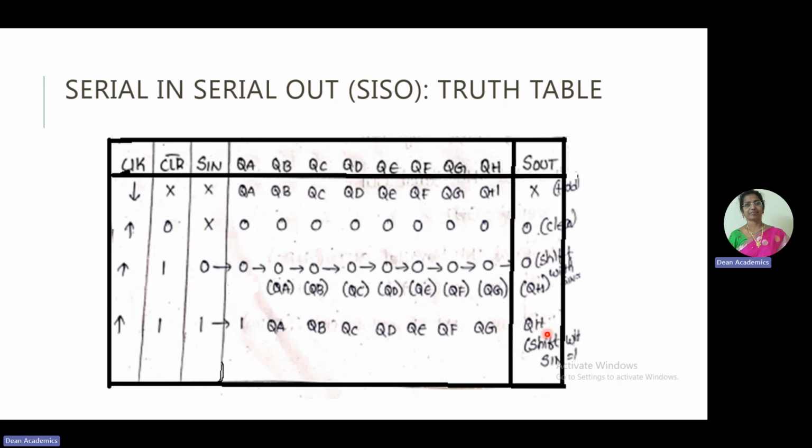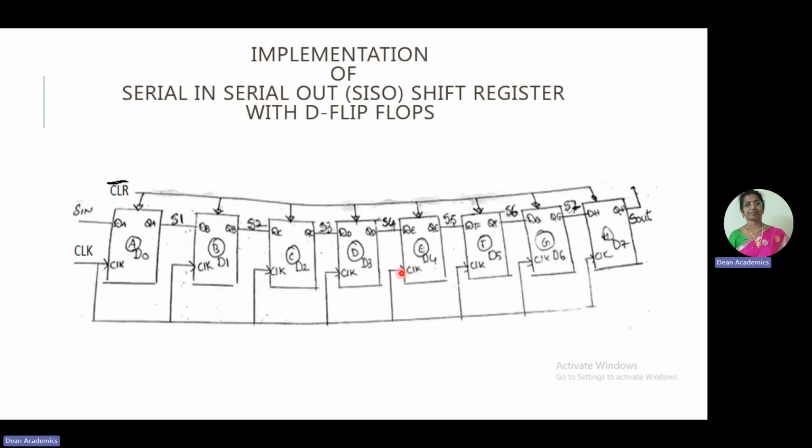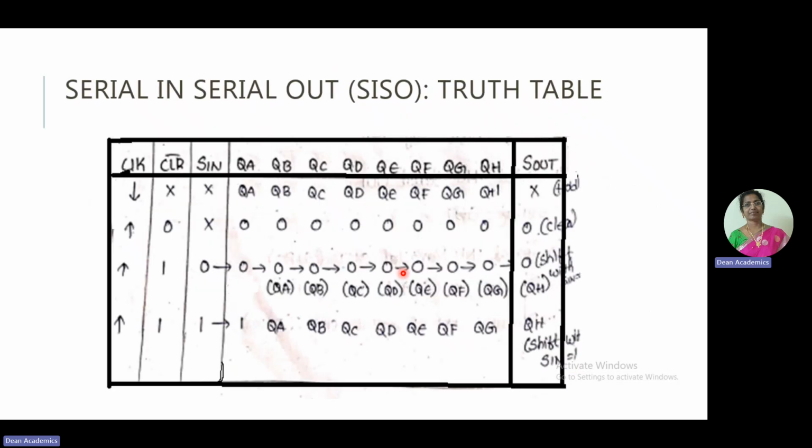Like that the output is shifted. That means QH is nothing but S out. So the 8-bit shift register which is implemented with D flip-flops can be represented by using this truth table.